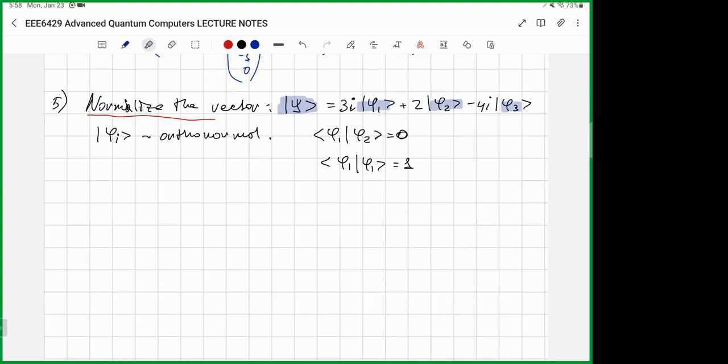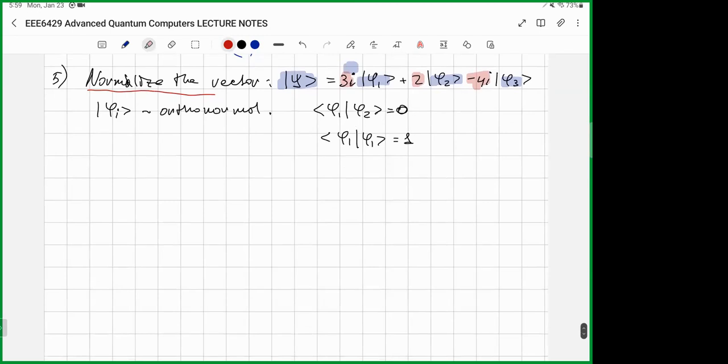They are orthonormal, so we can use them as a basis. And now I expand my vector psi over these vectors with their projections, right? This projection to the vector phi1 is 3i, the projection to the second vector is 2, and the projection to the third one is minus 4i.